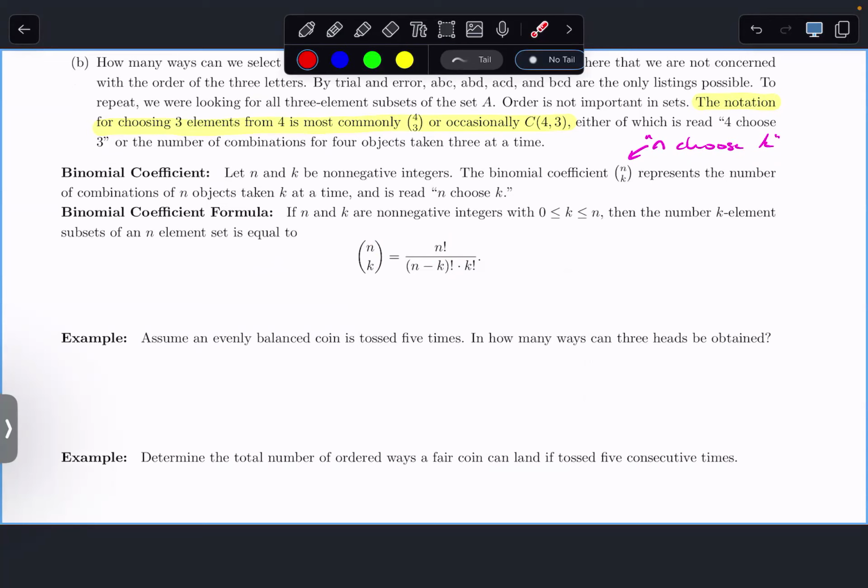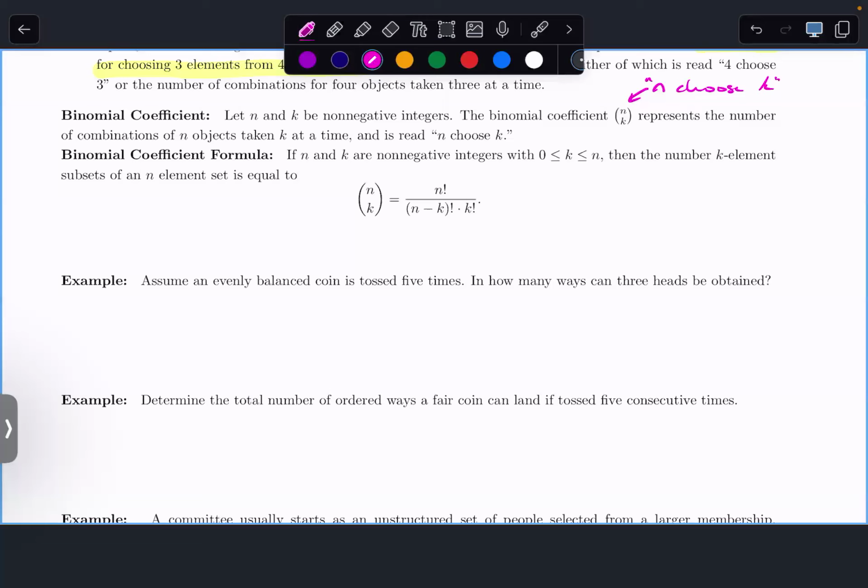One thing to notice: if I give you 4 things, 4 fingers, how many ways can you choose none of those? There's only one way that I could choose none of these fingers. I don't choose you, I don't choose you, I don't choose you, I don't choose you. That's the only way that I can choose 0 out of these.